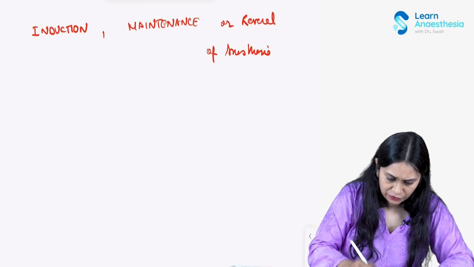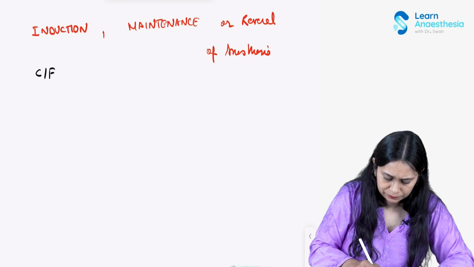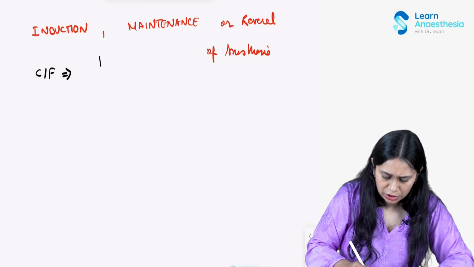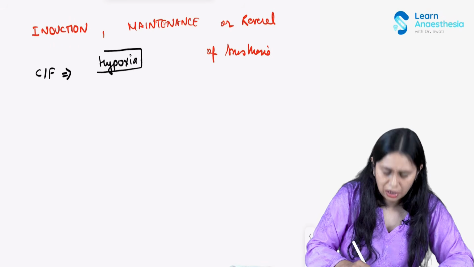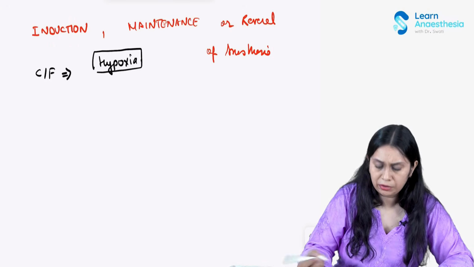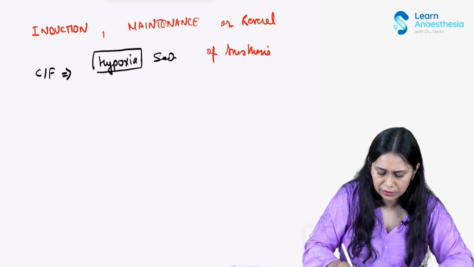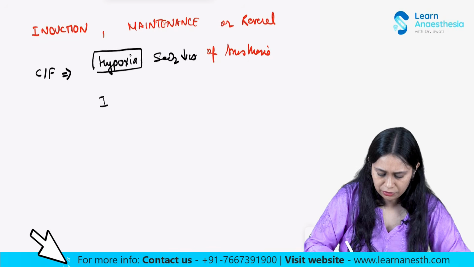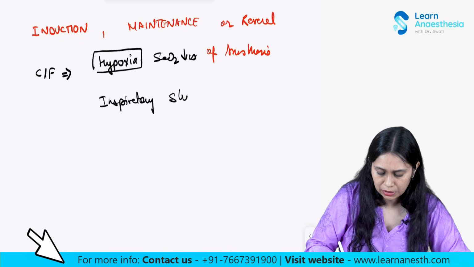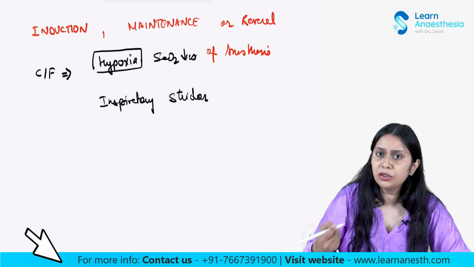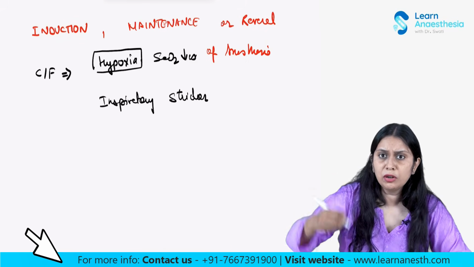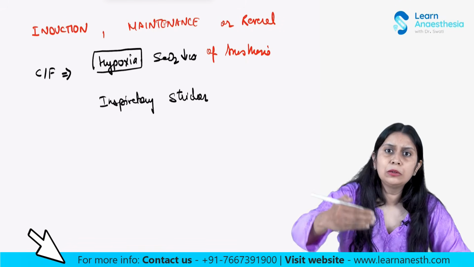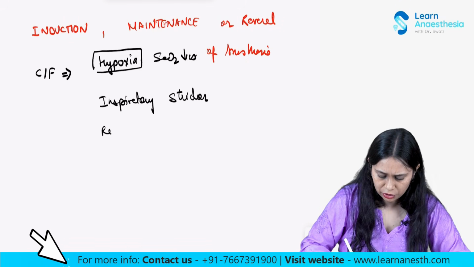So, the clinical features. When the patient is going into hypoxia and we start observing our patient, the saturation decreases. What do we see in our patient? We see inspiratory stridor, retraction and rocking movement of the chest wall because the patient is breathing against the closed glottis.